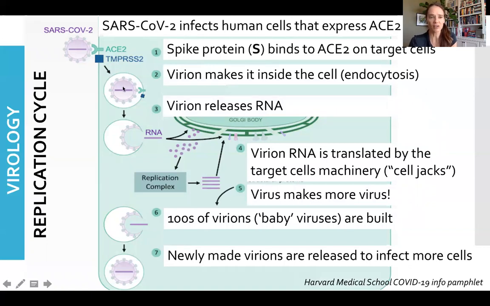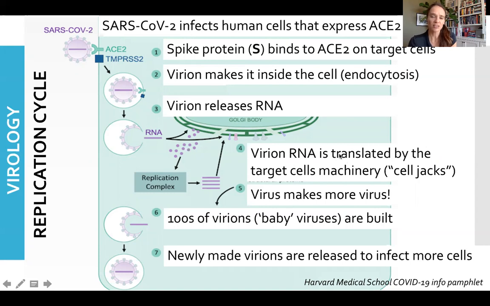This binding allows for the virus to get inside through a cellular process called endocytosis. What happens then is the virus releases its RNA, so its nucleic acid, into that target host cell, and the cell machinery is going to start to use that viral RNA to make more viral proteins.